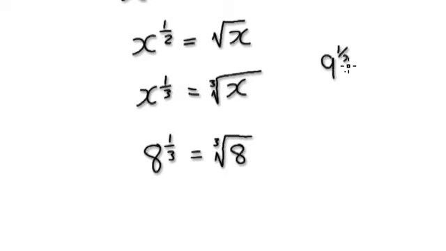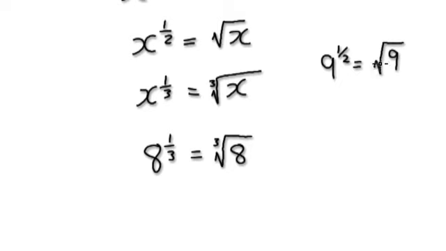So if I ask you what's 9 to the power of a half, a power of a half is hard to understand. So when you have a power of a fraction, immediately jump to this. This will be the square root, but we don't bother writing the 2.